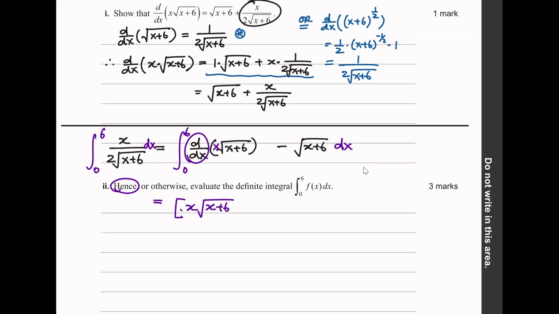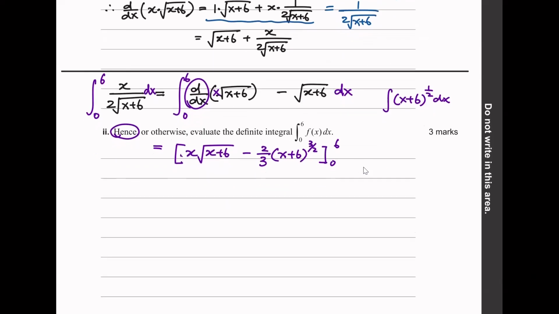Notice that when you antiderive x plus 6 under the square root, you're antideriving x plus 6 to the power half. So you add a power. Then you subtract x plus 6 to the power 3 halves, divided by the new power, times 2 over 3, from 0 to 6. Then you just substitute in the values.